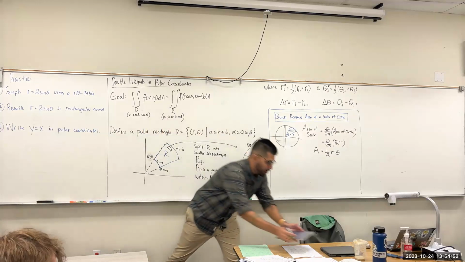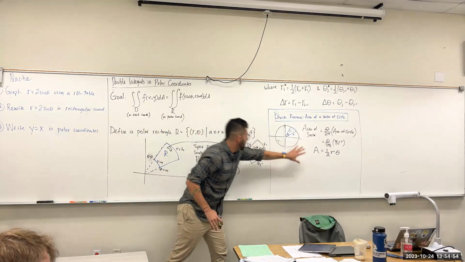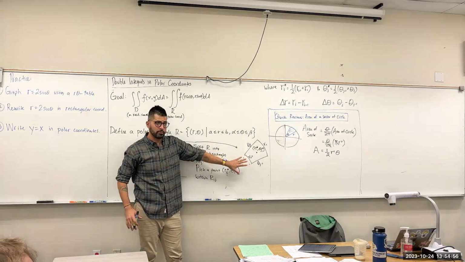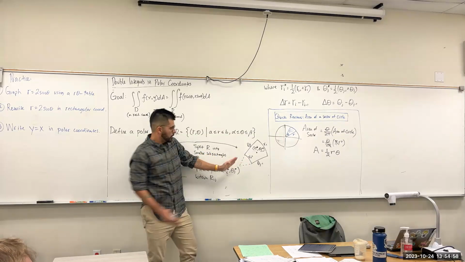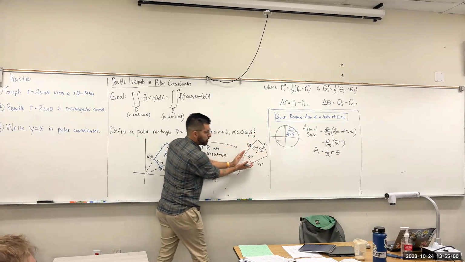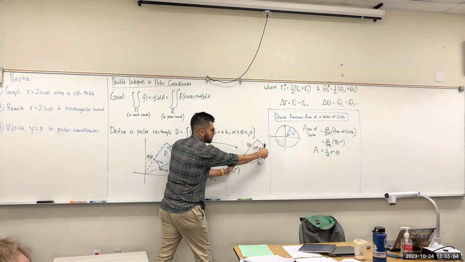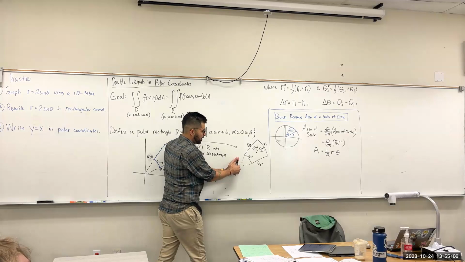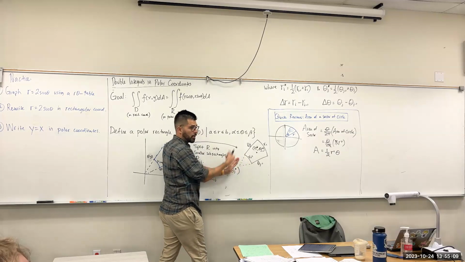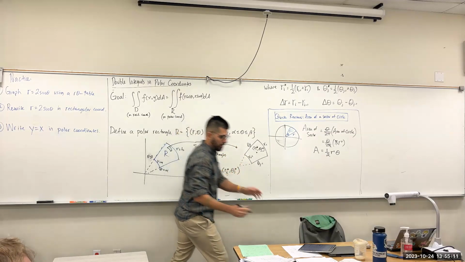Okay, so how are we gonna use this to find the area of this piece here? Do you guys see how this whole big shape is a pizza slice? So what we're gonna do is find the area of the big pizza slice and minus the area of the small pizza slice. And that'll give me this guy. Okay?